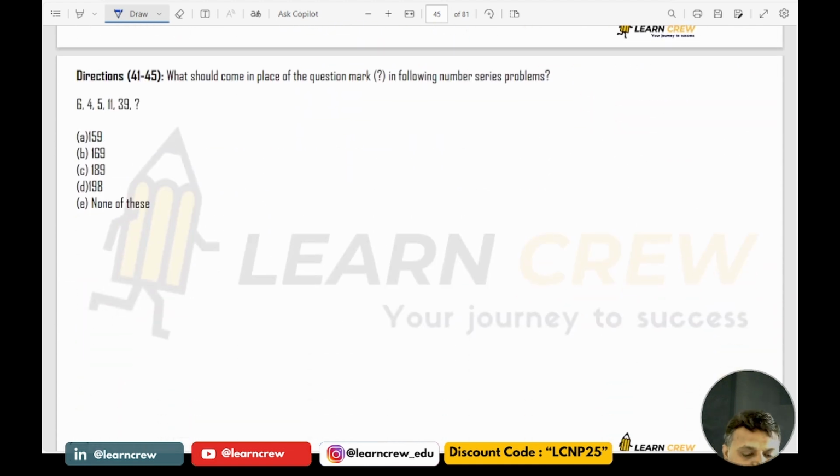Next, 6, 4, 5, 11. 6 into 1 minus 2, 4. 4 into 1, 4 into 2, 8 minus 3, 5. 11 into 3, am I correct? 1, 2 means then 5.